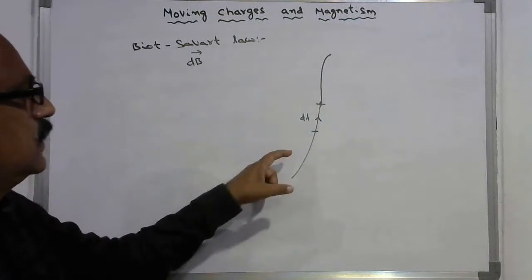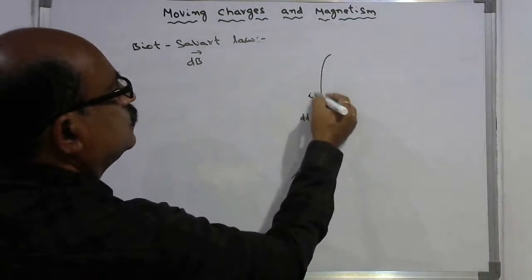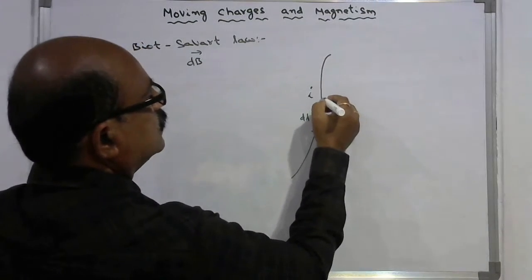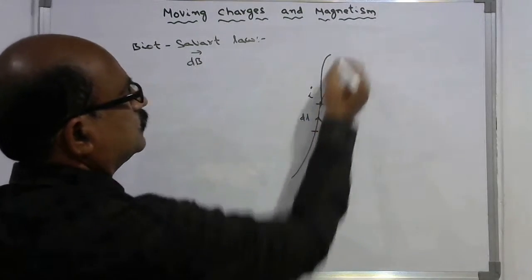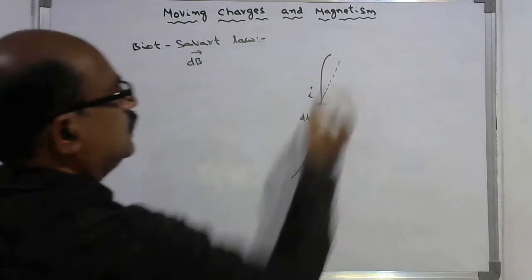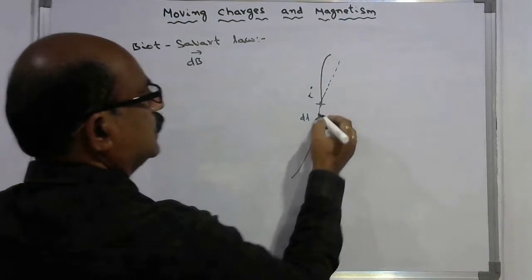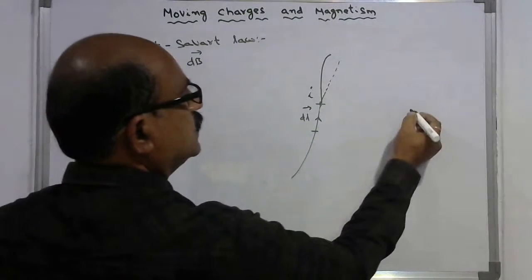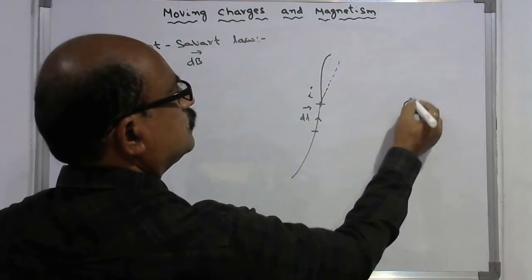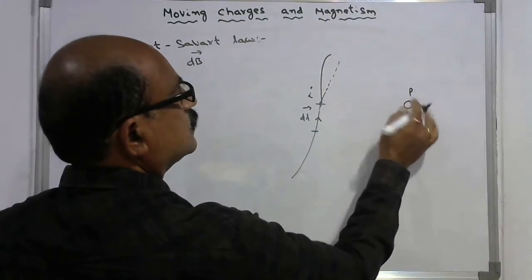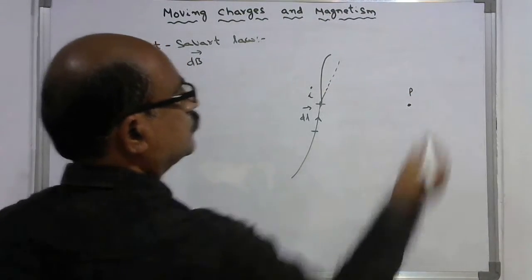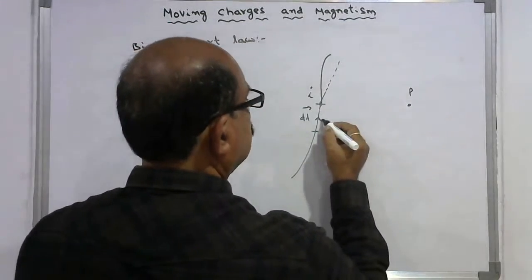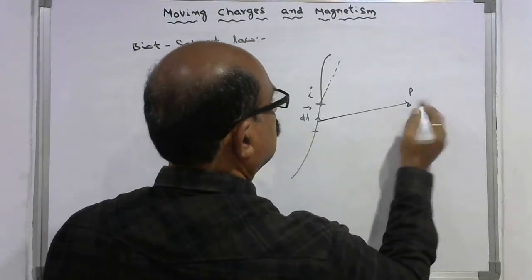In this wire the current is flowing, and along the direction of the current you take the direction of the element dl. That is why we call it dl bar. And you consider any point, say P here in the medium. This particular point makes some angle theta.